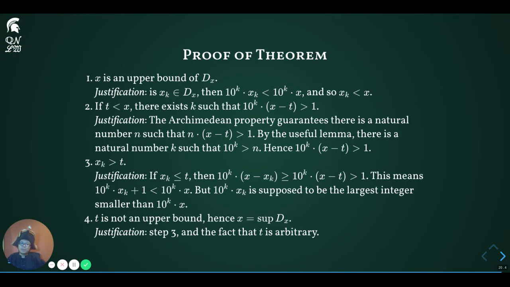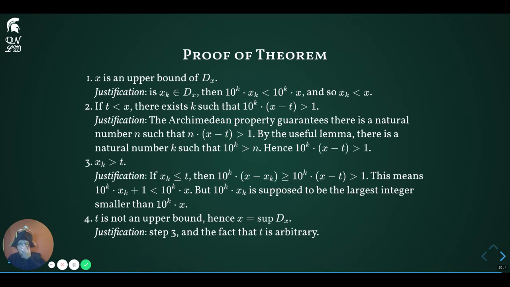Returning to lecture 1, this means we have to show for any t less than x, t cannot be an upper bound. So let's just take an arbitrary t less than x. I claim that we can find some k such that 10 to the power k times the quantity x minus t is greater than 1.